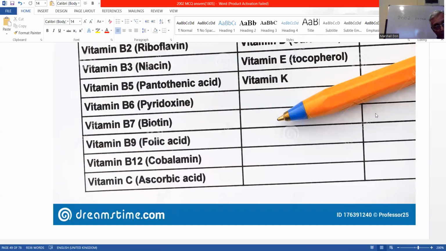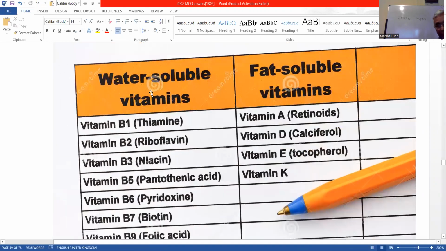Rest. Okay. Now, see, this is the picture. This shows which vitamins are water-soluble and which are fat-soluble. Sometimes they ask using these names: calciferol, tocopherol.